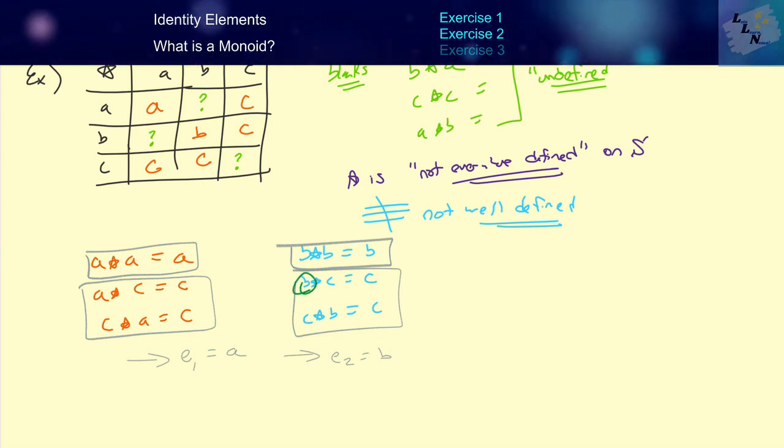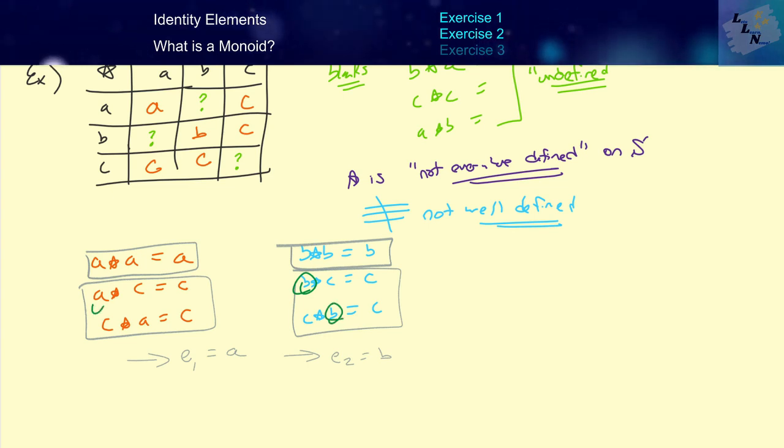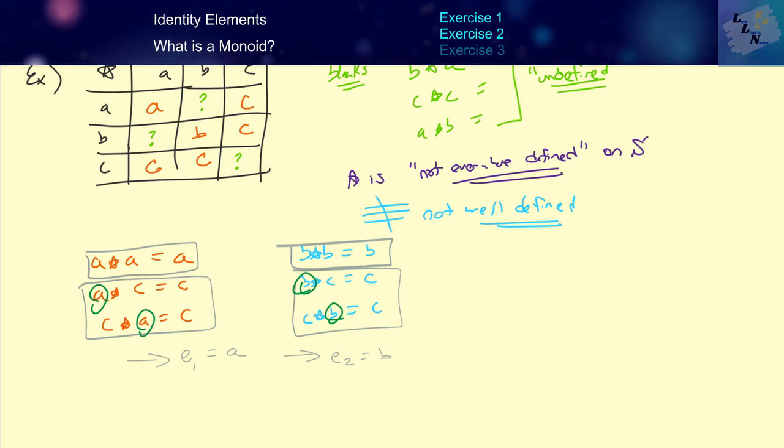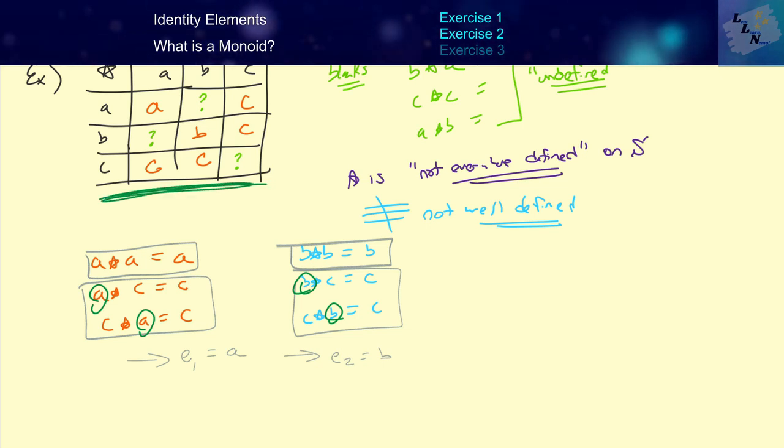So this is a left identity for B, this is a right identity for B, this is a left and this is a right identity. So it's possible that they're not just left and right identities, but they could be identities for this whole entire set. But so far for this particular operation, it's not everywhere defined.